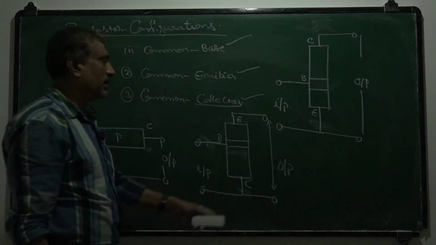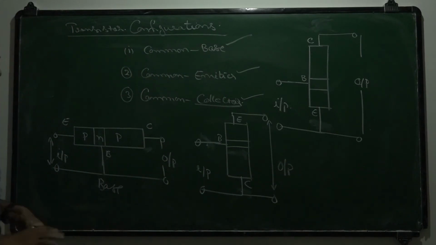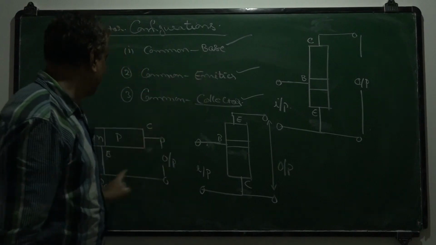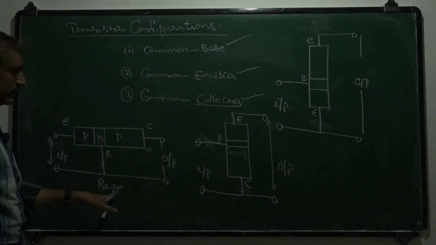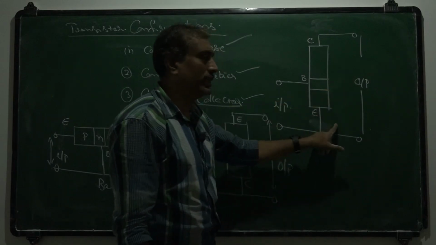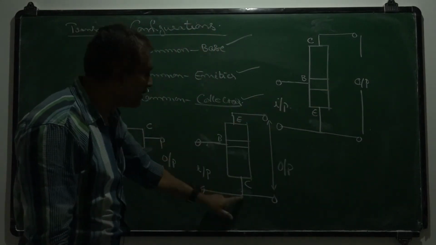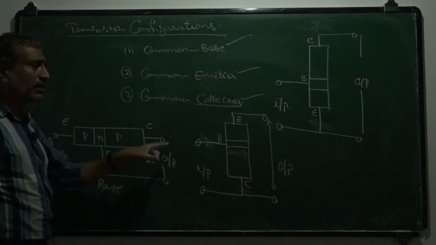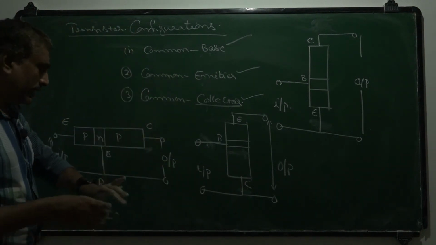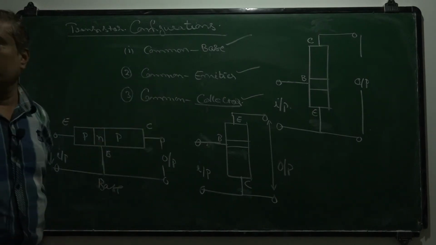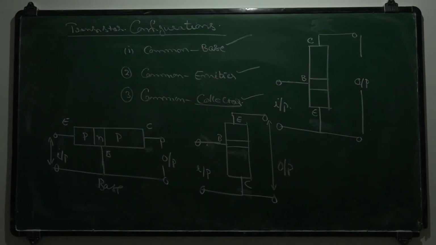So this is the common collector configuration. So depending upon the connections, common base, common emitter, common collector. In common base, base is common to both input and output, in common emitter, emitter is common to both input and output, and in common collector, collector is common to both input and output. So these are the three configurations of transistors.